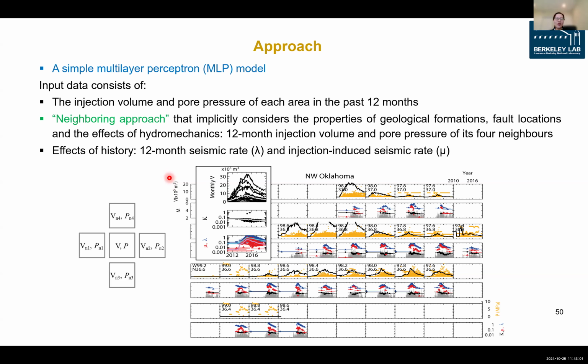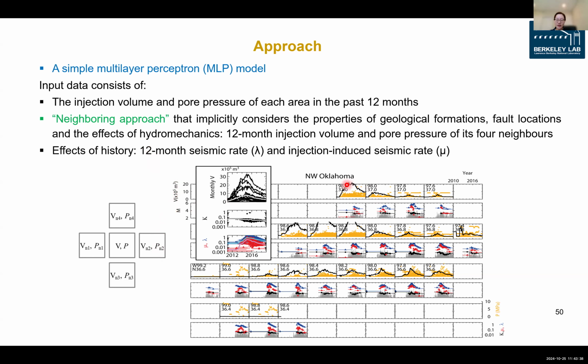So the input data consists of the injection volume and pore pressure of each area in the past 12 months, and we also incorporate a neighboring approach to consider the 12 months of injection volume and pressure of the 4 neighbors. By doing that, the geological formation and fault locations are implicitly considered, because these are the results of the response of the fault hydromechanical changes. And the effects of history are considered through the 12-month seismic rate and injection-induced seismic rate.